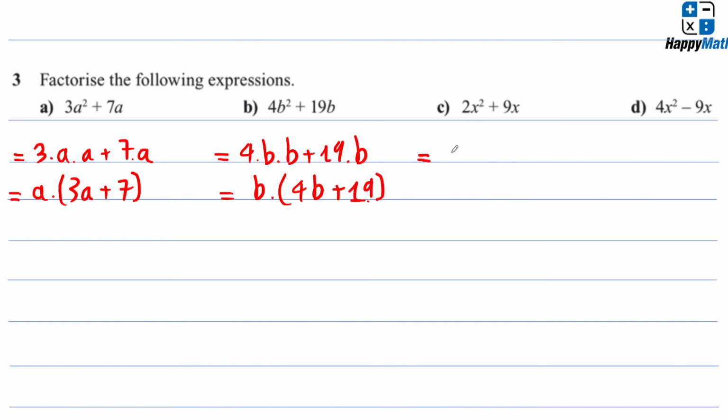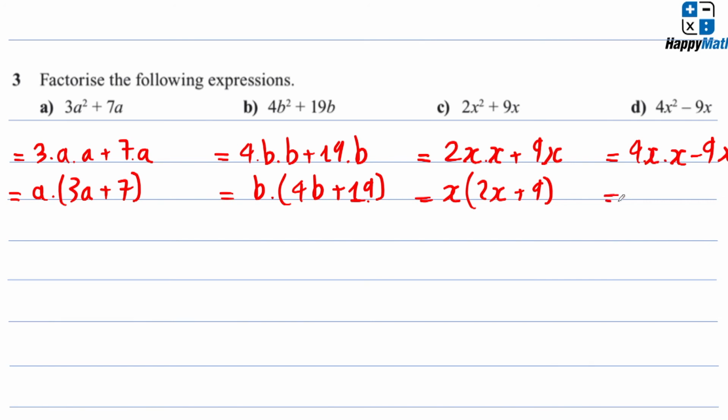The next one, 2x plus 9x. Take x outside, 2 plus 9. Okay. 4x minus 9x. Take x outside. The left, 4 minus 9.